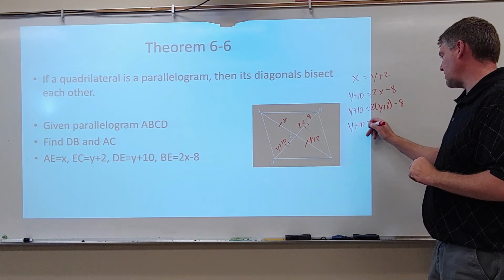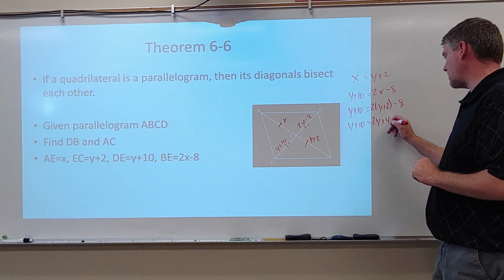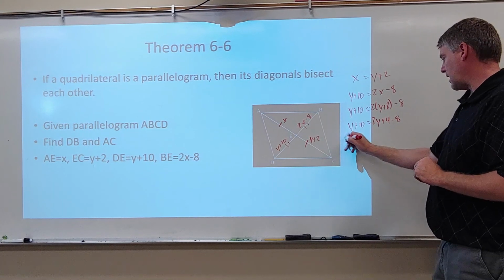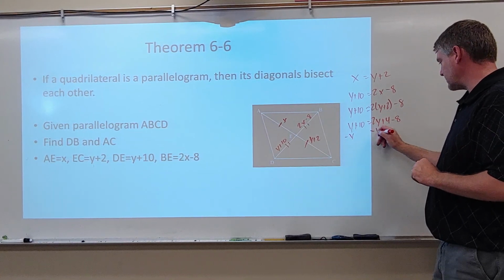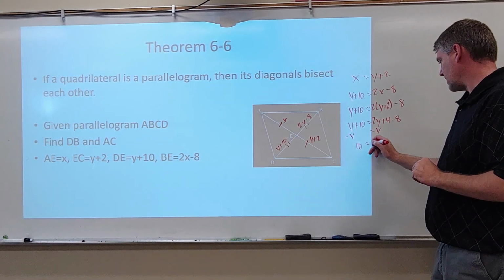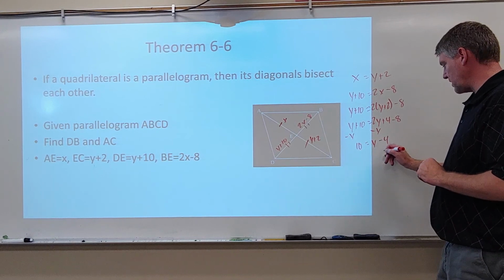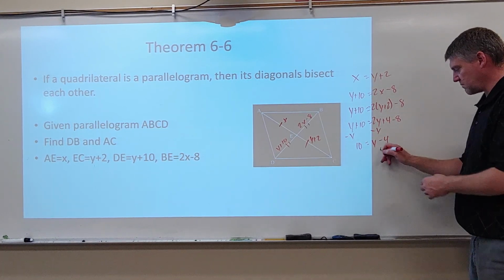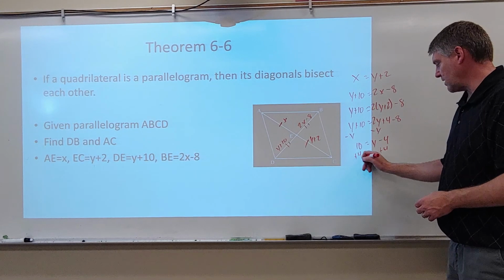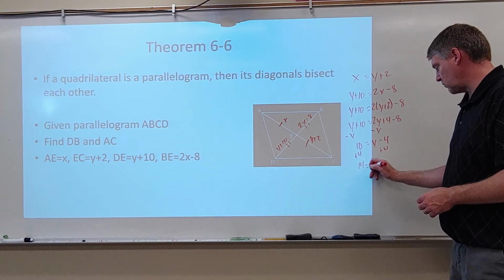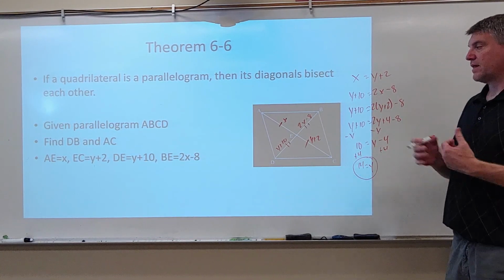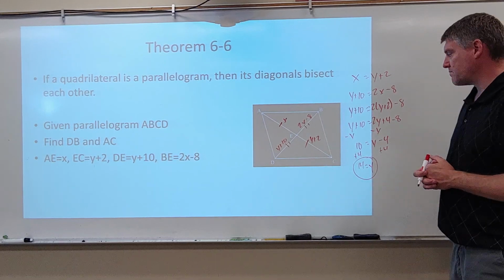Y plus 10 equals 2Y plus 4 minus 8. I'm going to subtract off my Y and simplify my side here. So I get Y minus 4 equals 10. So I'm going to add 4, add 4, and I get 14 equals Y. Okay? So 14 equals Y.